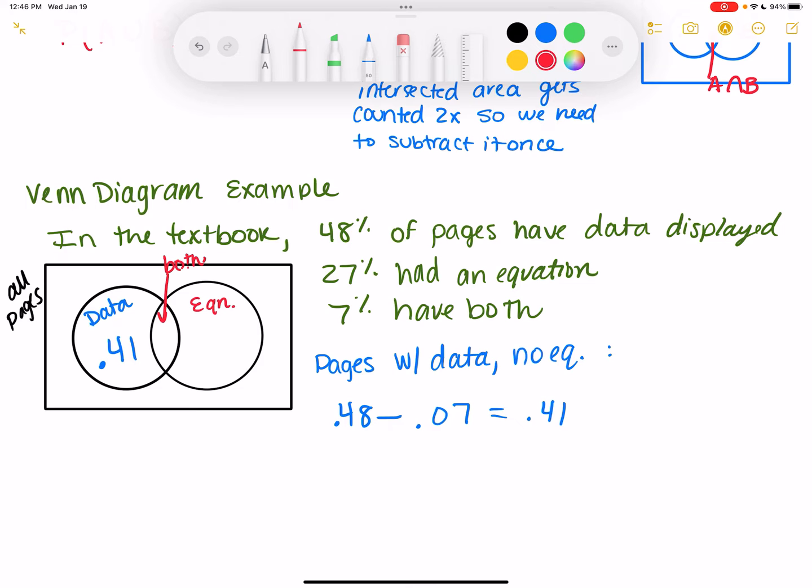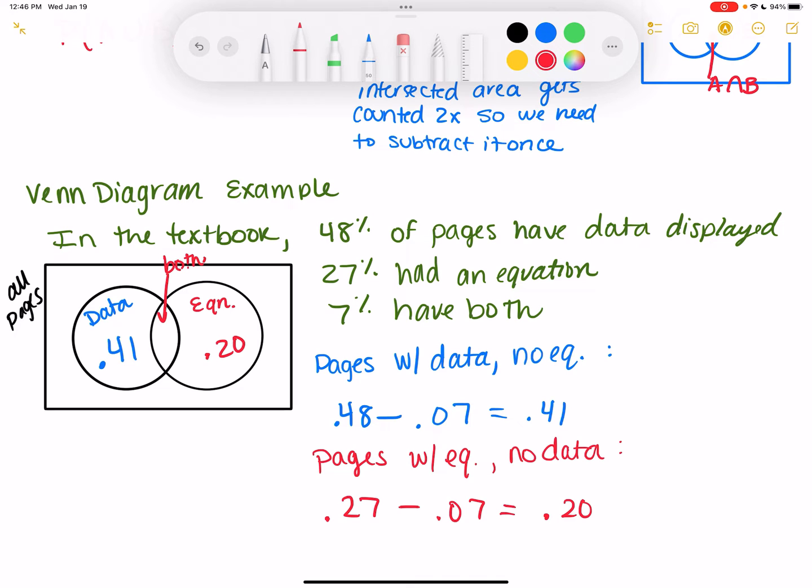Let's see the probability. So then we're going to have pages with equations but no data. So this time it's going to be had an equation, so 0.27, minus the ones that have both, so 0.07, so 0.20.